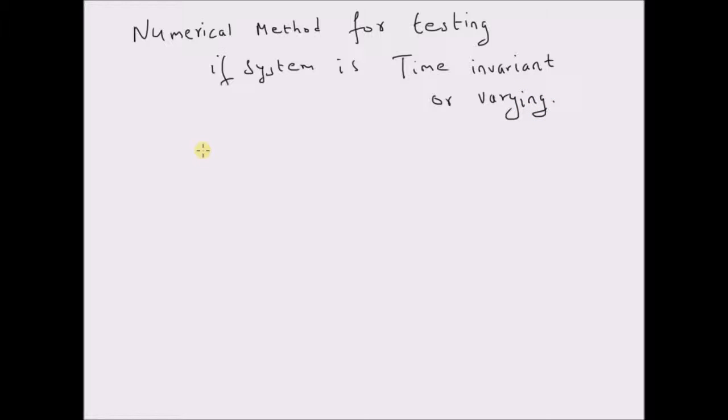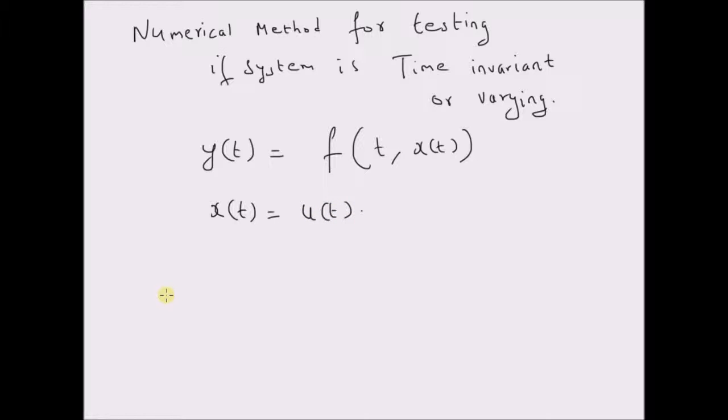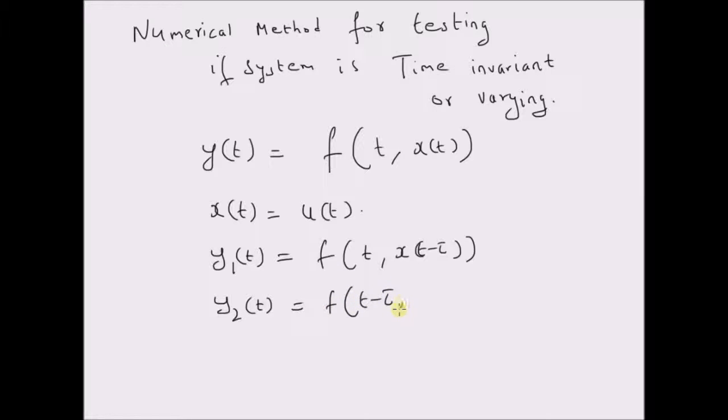So consider a system that has the following relation, that is y of t is equal to a function of time t and the input x of t. Given this kind of system equation, we can use the input x of t equal to u of t and perform the following test: for the output y1 of t defined as f of t comma x of t minus tau, and another output y2 of t equal to f of t minus tau comma x of t minus tau.